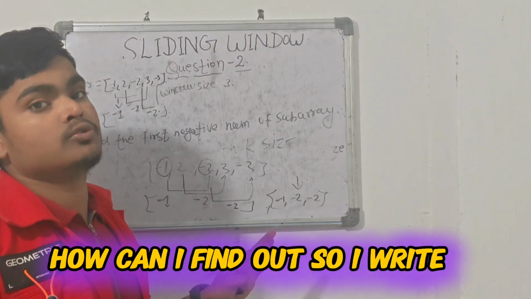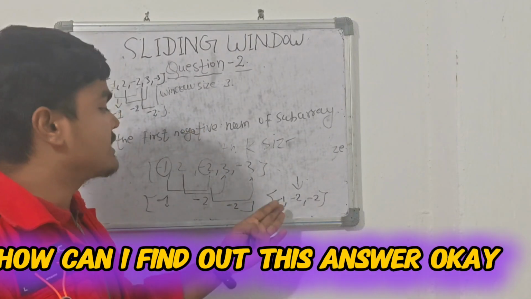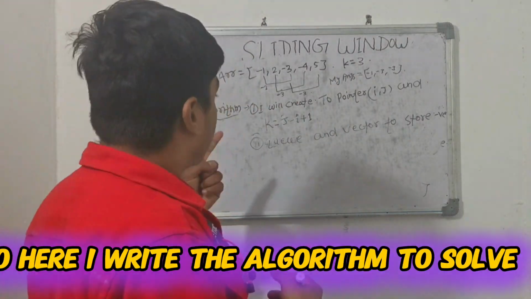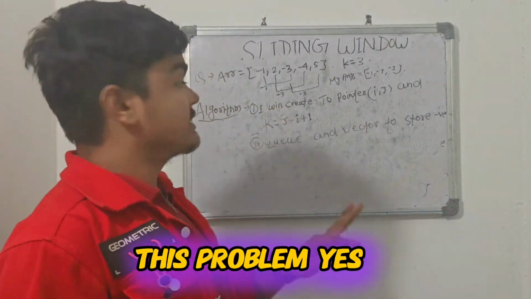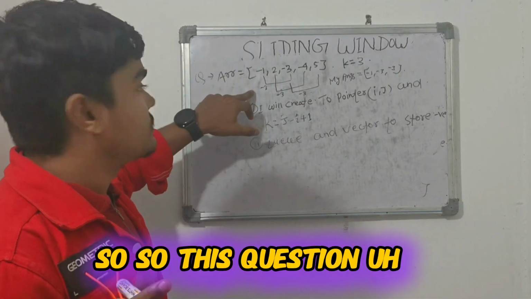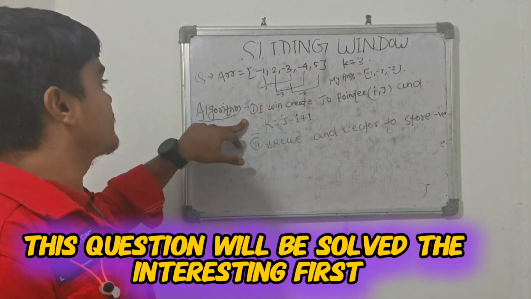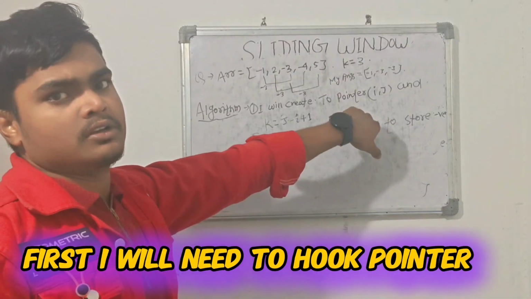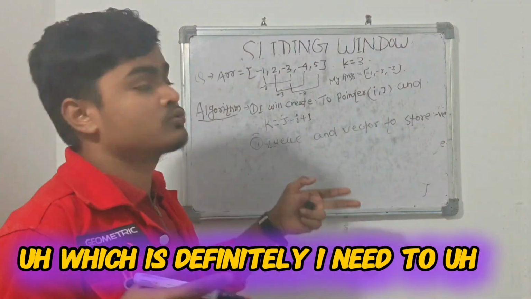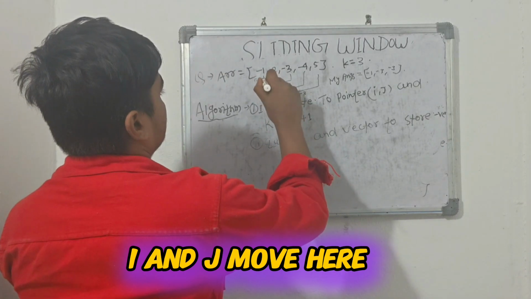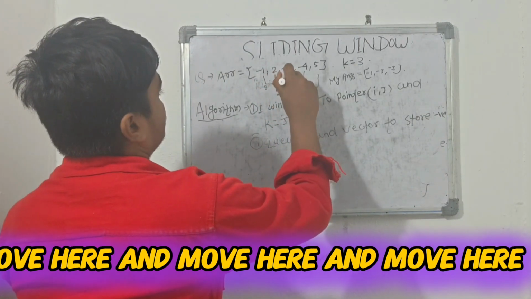How can I find it? So I write the algorithm to find this answer. This question will be solved in two steps. First, I need two pointers, i and j, which I will move.